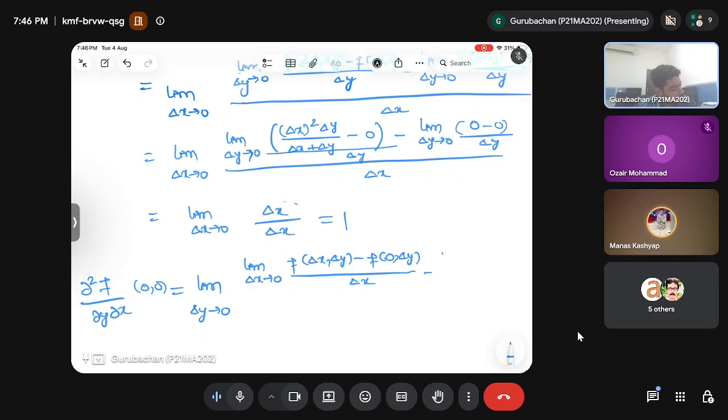With the negative sign, limit delta x tending to 0, f of 0 comma delta y minus f00 divided by delta x.